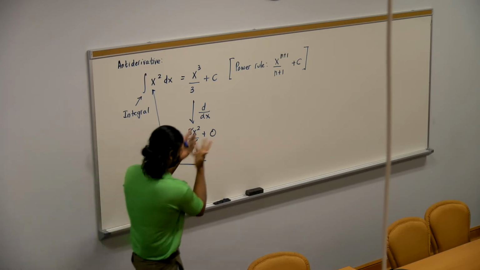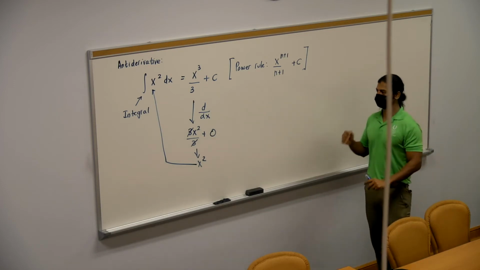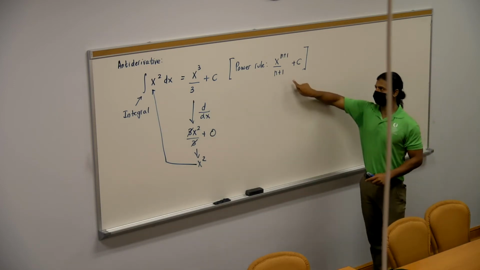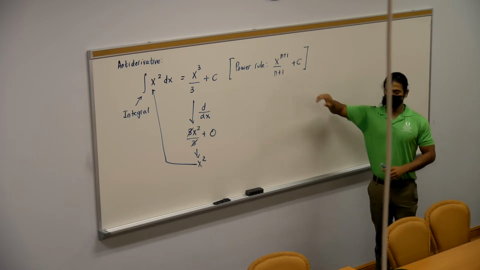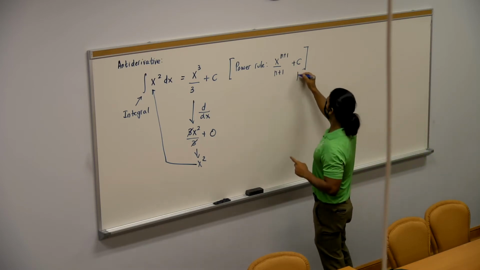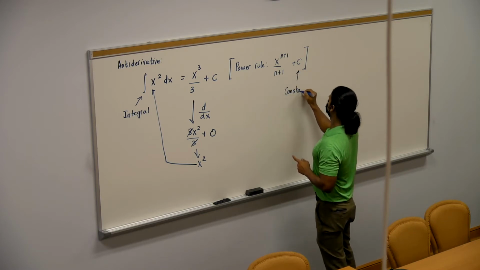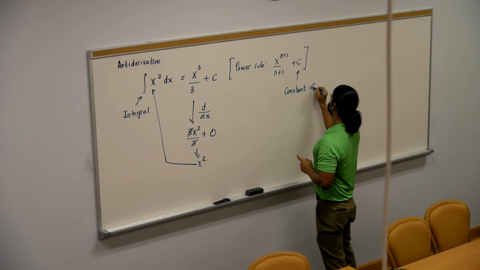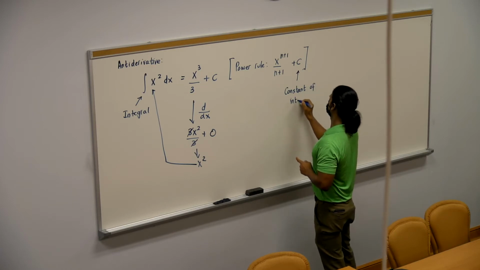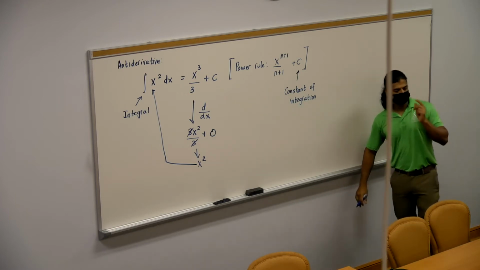But what do we mean by antiderivative? It's the integral. So the key thing to note is that power rule. The c over here is the constant of integration.